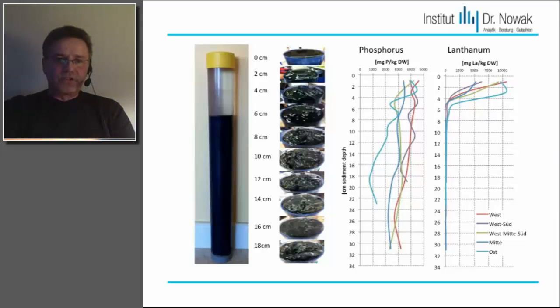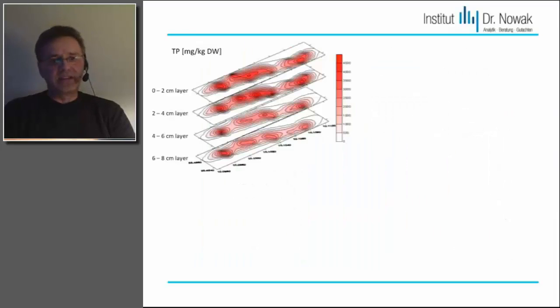To show it more clearly, I created graphs with the shape of the lake and the different layers, to make it clear where the problem is located in the lake sediment.